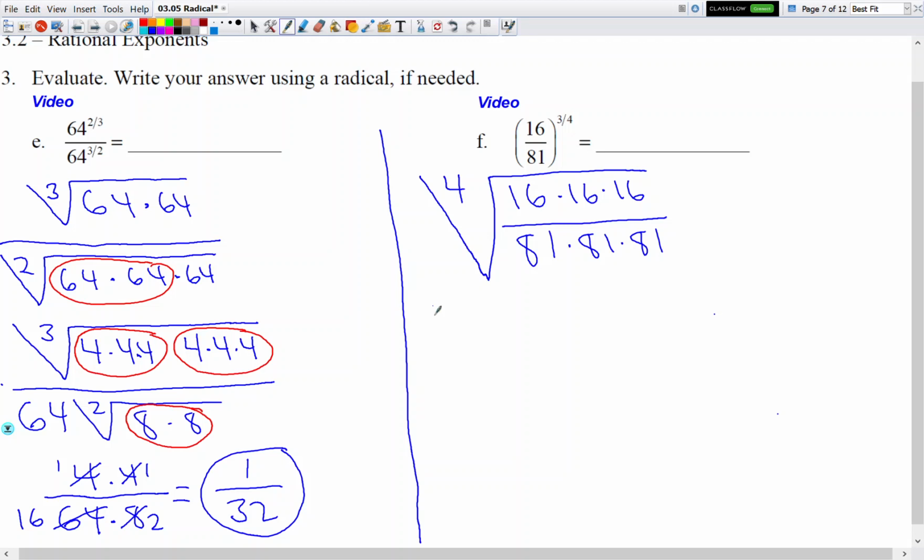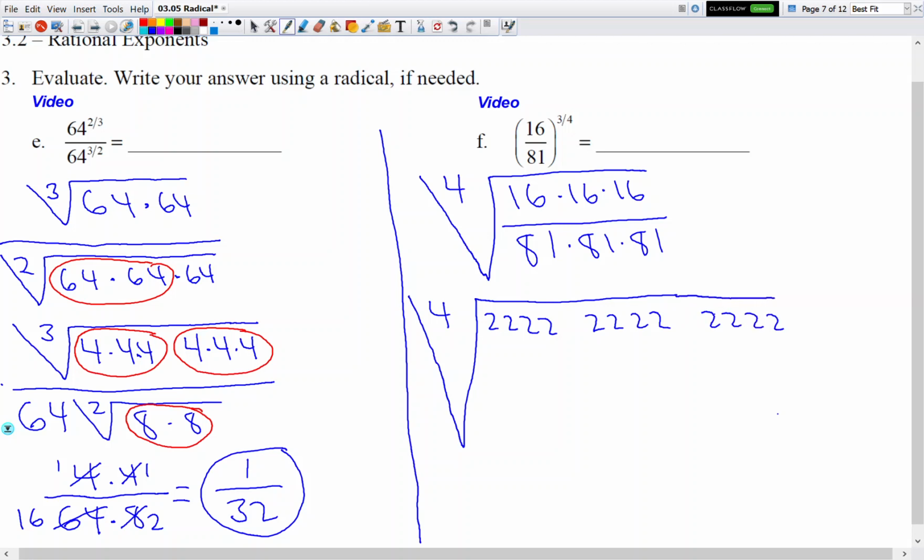So let's break apart the 16 and the 81 into smaller stuff. I think I have to make this radical a little bit bigger because I got to break it up into tiny numbers. So 16 I know is the result of 4 2's. So I'm going to write 4 2's 3 times, because I got 3 16's.